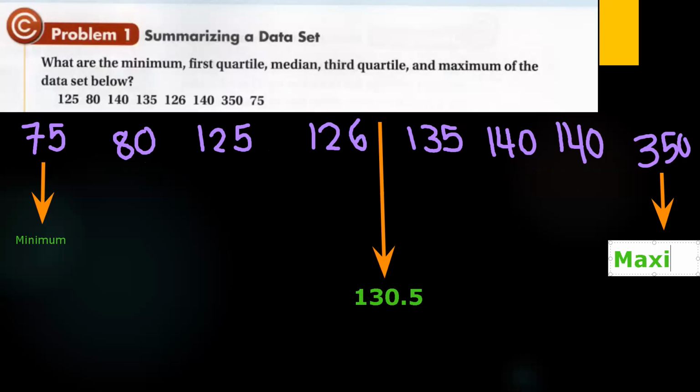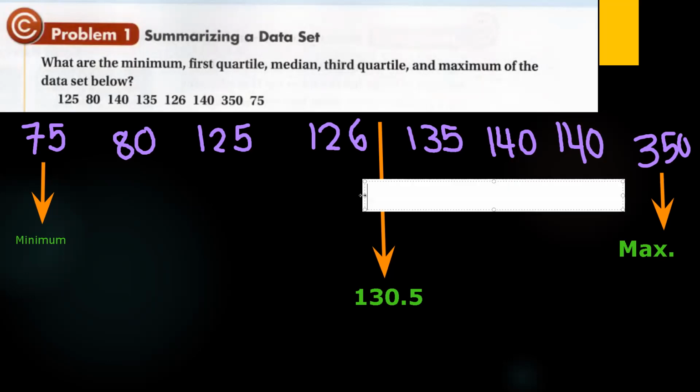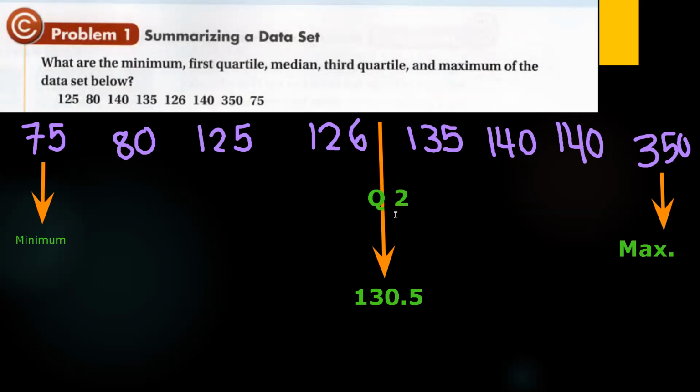Now, the second step is that we need to find Q1 and Q3. This here is Q2, or median, as you want, we can name it.